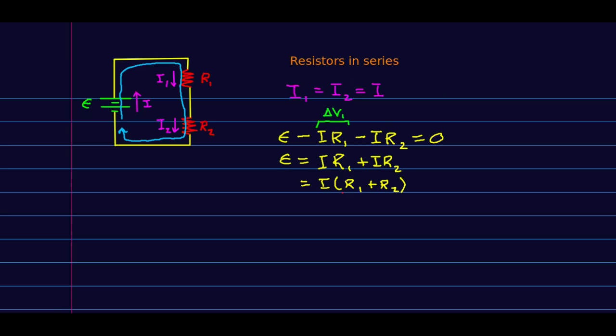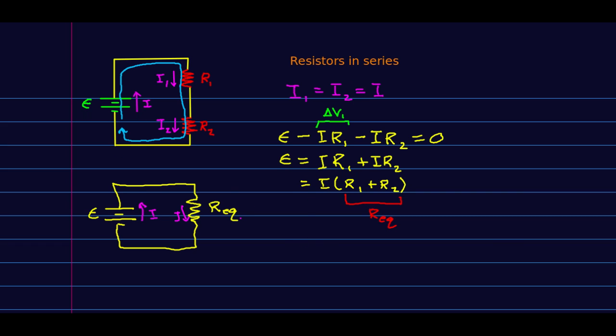Well, look, this is a resistance. That sum of resistances is a resistance that I could call Req. And one way of thinking about what that Req, or equivalent resistance, means is that if you had a different circuit with the same battery and a resistance equal to this Req, then the current running around in this circuit would be the same as the current that's running around in this circuit.